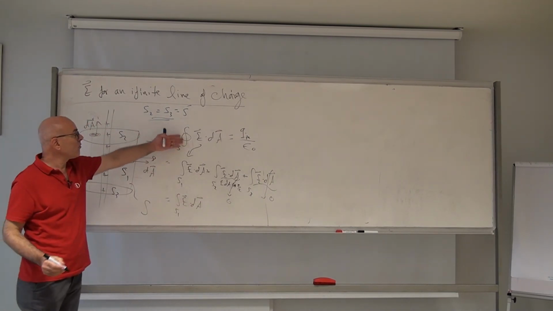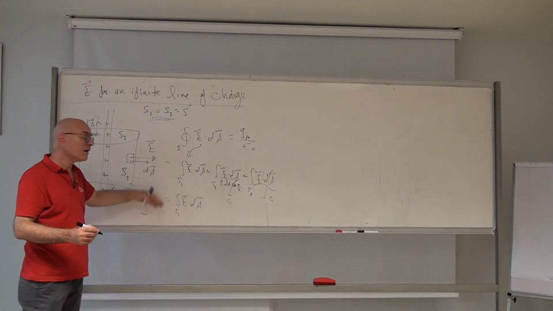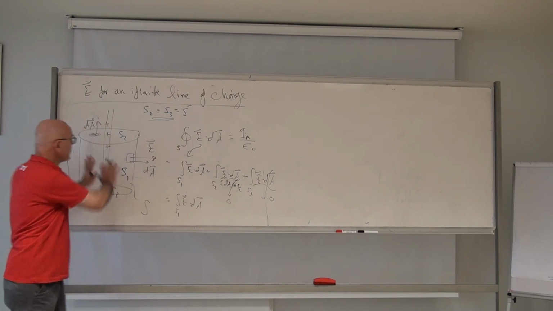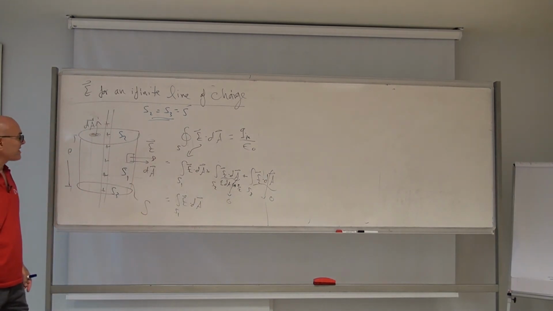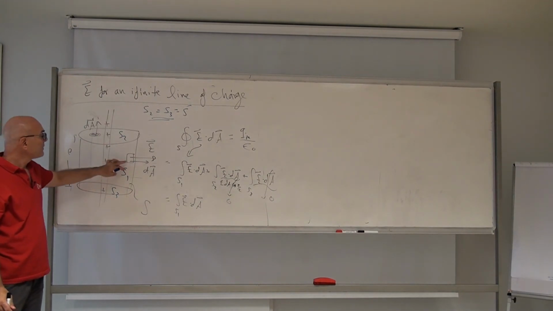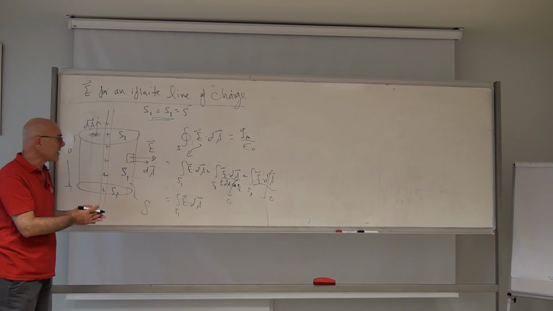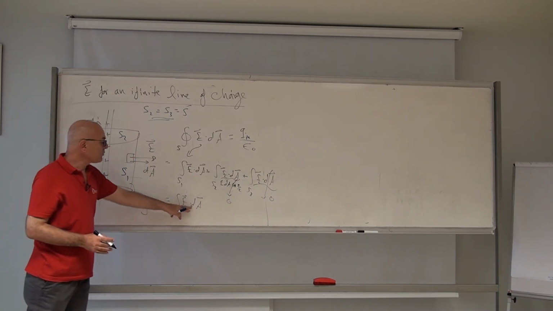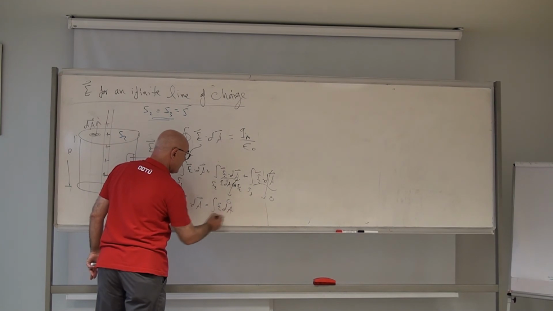So the integral over the closed Gaussian surface reduces to an integral over one single open surface, which is the curved or cylindrical part of the surface. Now, on this surface, E and dA are parallel all the way. E is constant, as I have seen, so this reduces to the integral of E dA over S1.